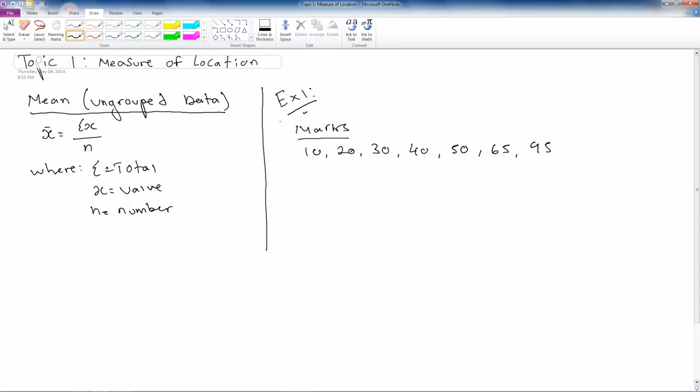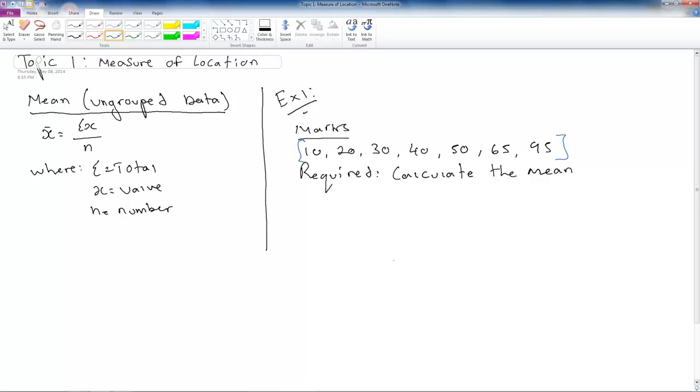So let us calculate. Quite simple. The required is here, calculate the mean. So what do you do here, guys? Add all, which is you plus all the values over here, which is 10 plus 20 plus 30 plus 40 plus 50 plus 65 plus 95.